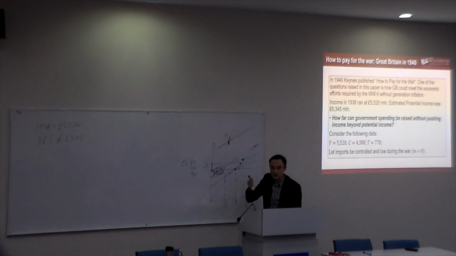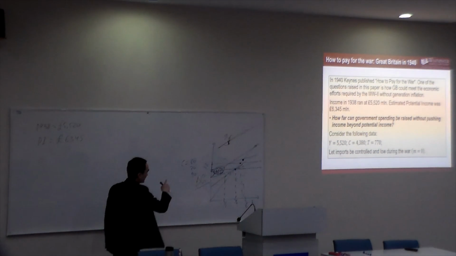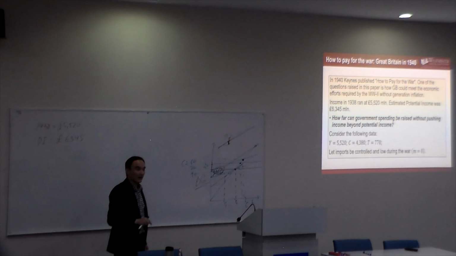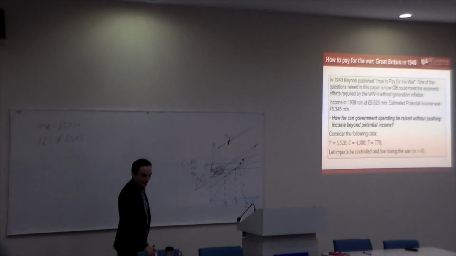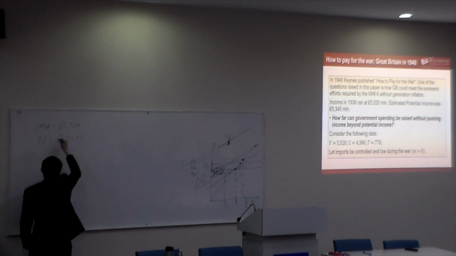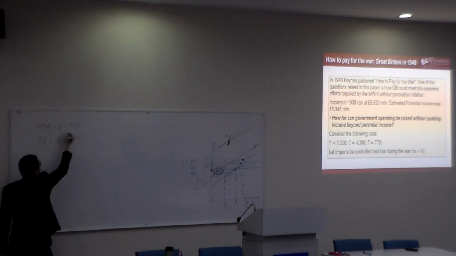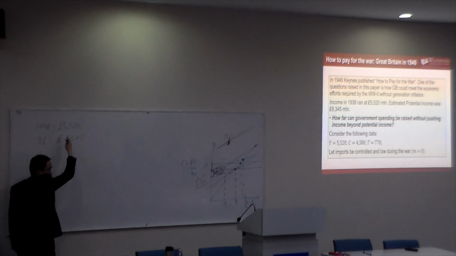In order to finance the war, they have to increase government spending on the military. Okay? By how much? All right? In order to find it, we must find what the government debt multiplier is. For example, this difference here is equal to what? The difference of potential income minus the actual given income, right?